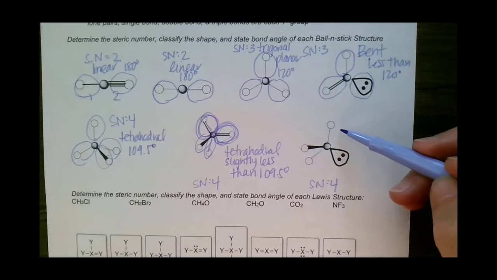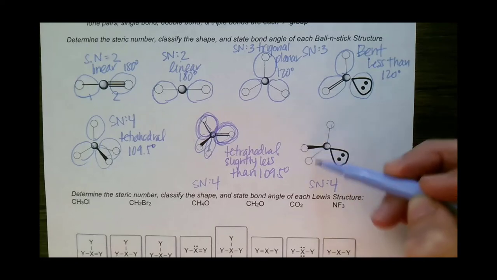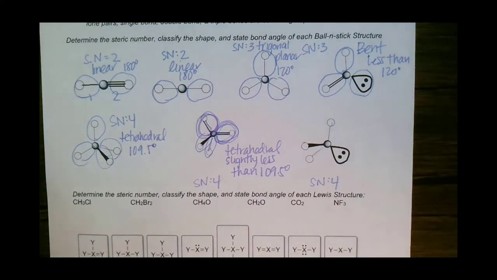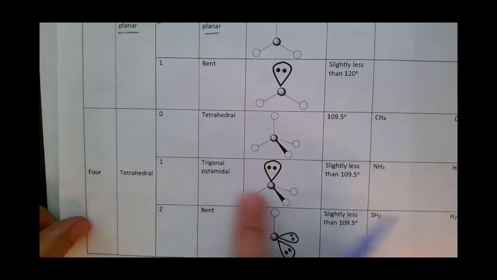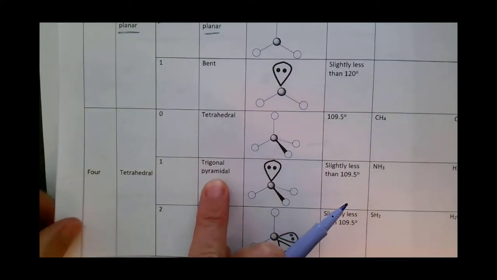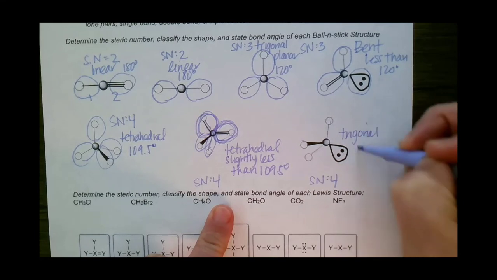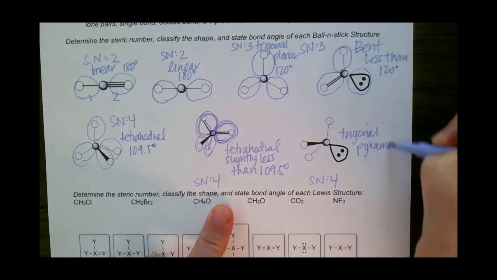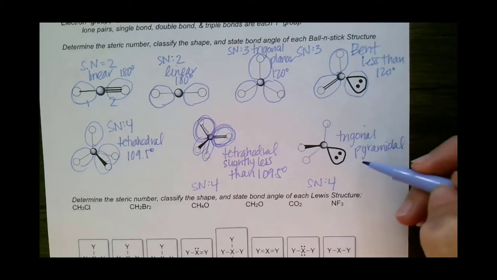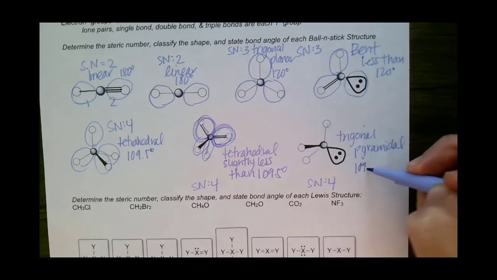And then here we've got 1 lone pair of electrons and 3 bonds. So 1 lone pair of electrons is going to give us that trigonal pyramidal, and it's going to be slightly less than 109.5.